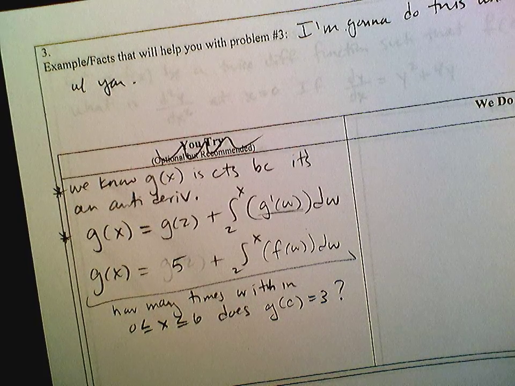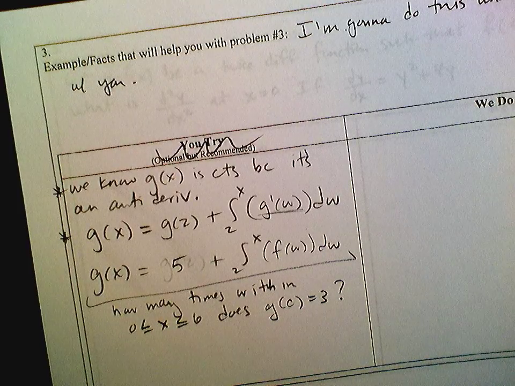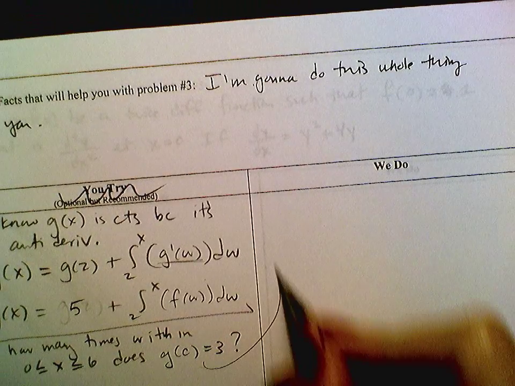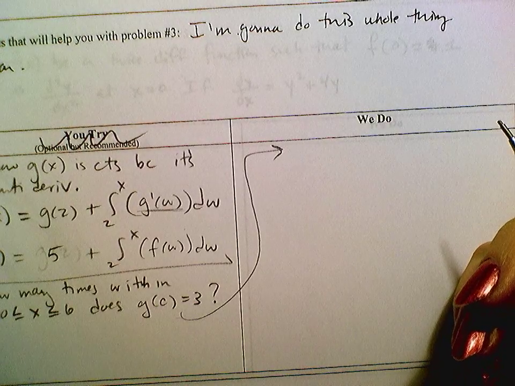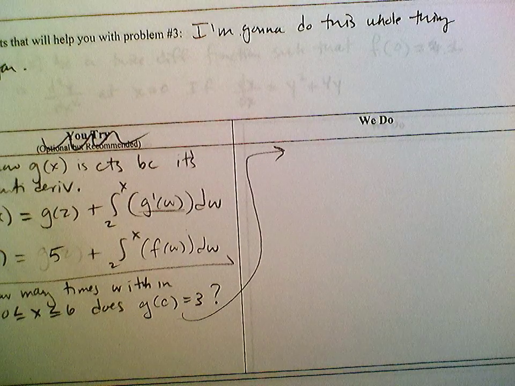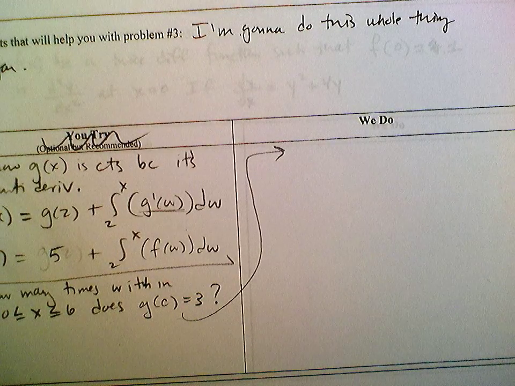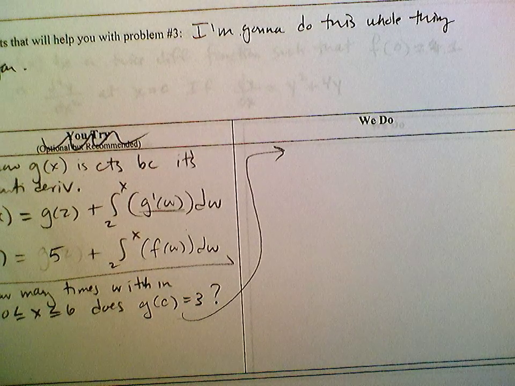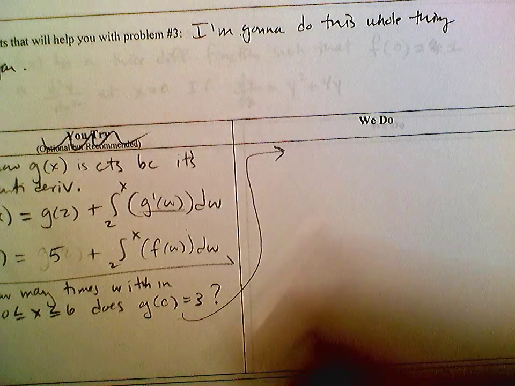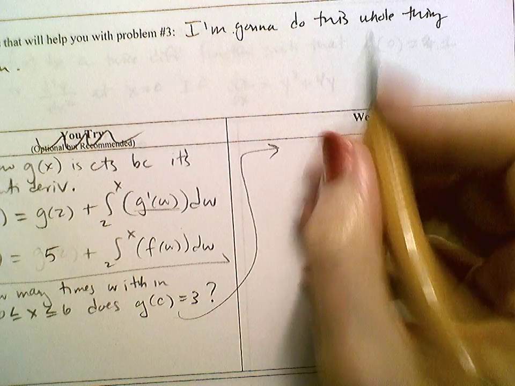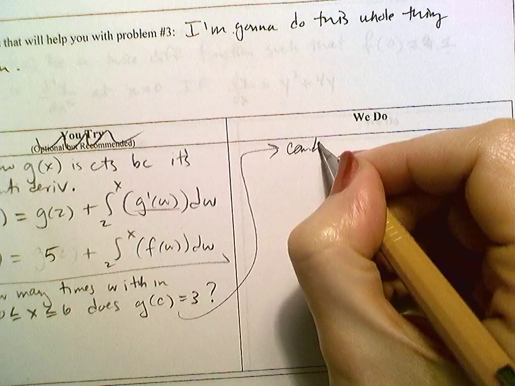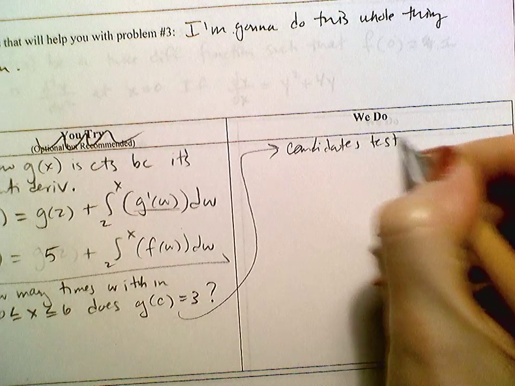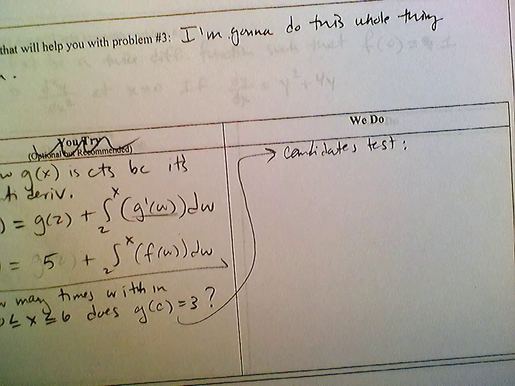Okay, all right, I'm going to do like a weird sort of table. So this is a version of the candidates test up here. And when I teach you the theorems that we're going to have to know, this is going to be helpful. Okay, so this is sort of like the candidates test, but I'm going to do it in a strange way.